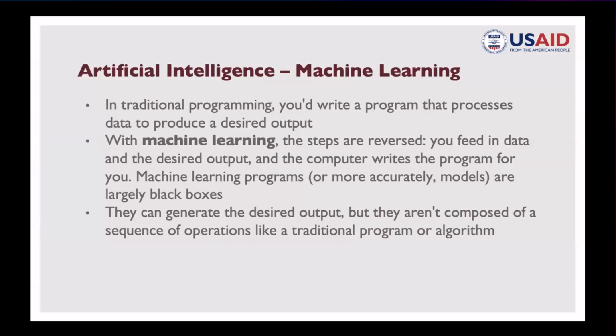Now, they can generate the desired output, but they aren't composed of a sequence of operations like, as I mentioned, a traditional program or algorithm, which makes it more proactive and adaptive. Because unlike traditional programs, which are very fixed in their rules.